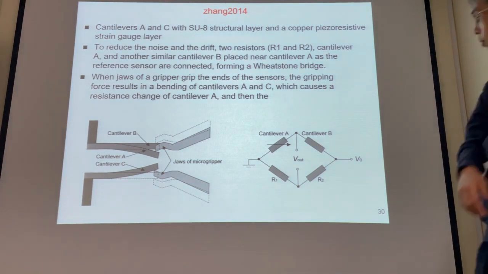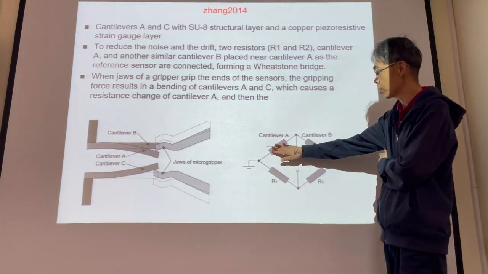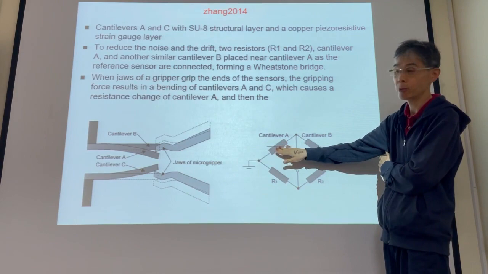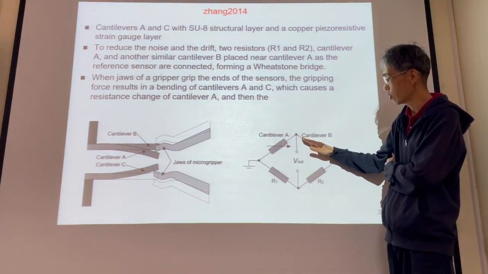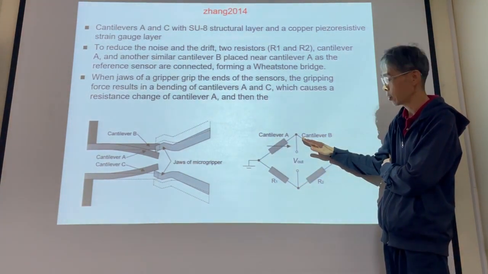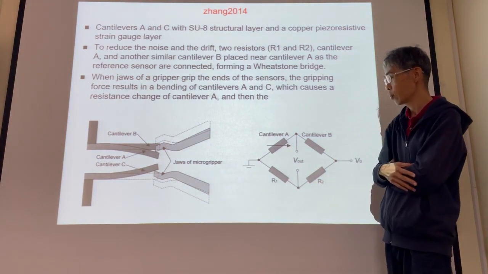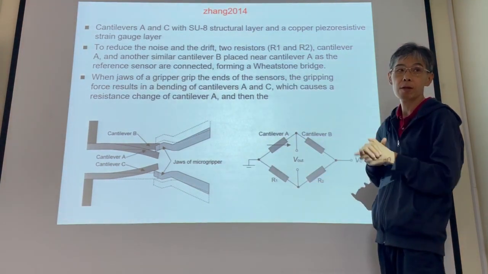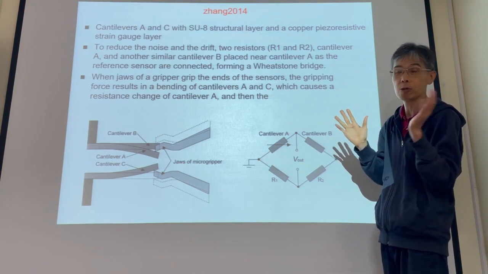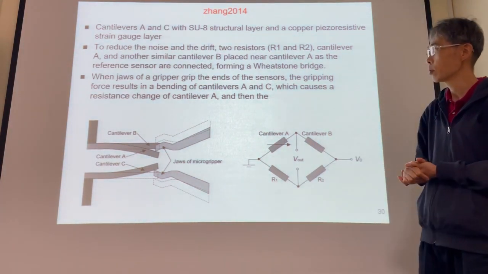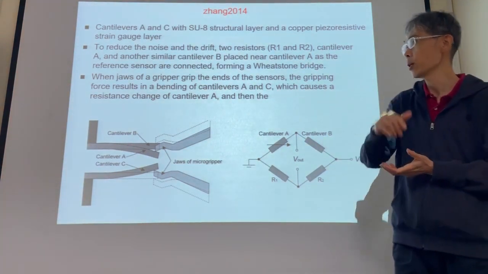Okay, see. So if this one is the MEMS resistor, and this one is the reference one, and R1 and R2, we could think they are also fixed. They won't change. So this is a Wheatstone bridge. Okay, next page.